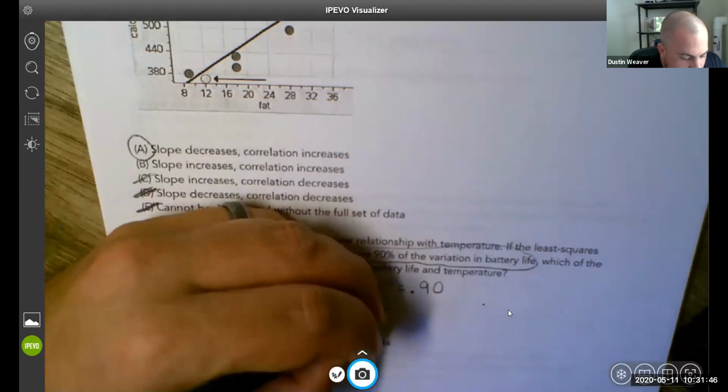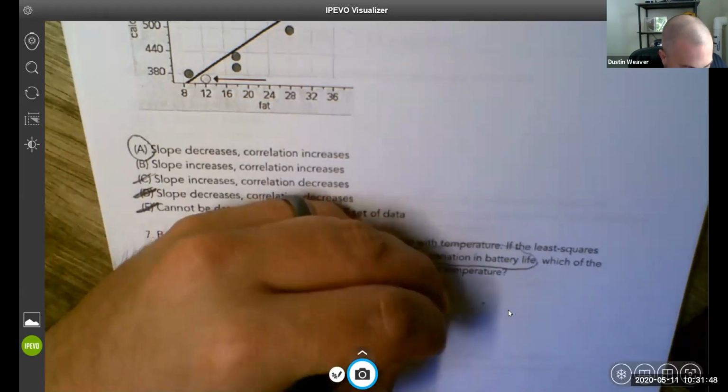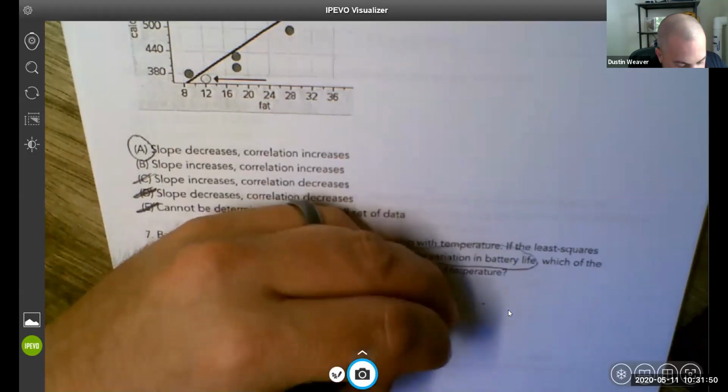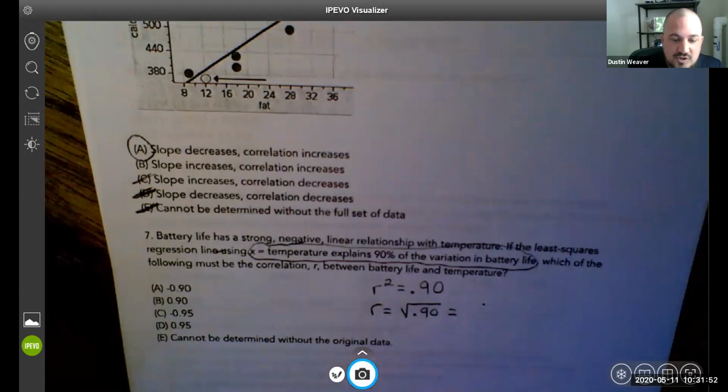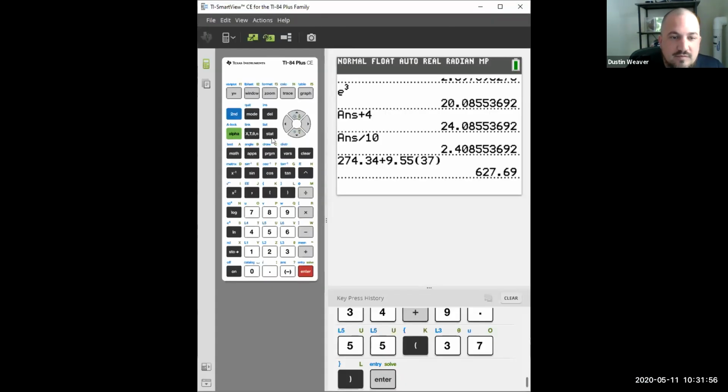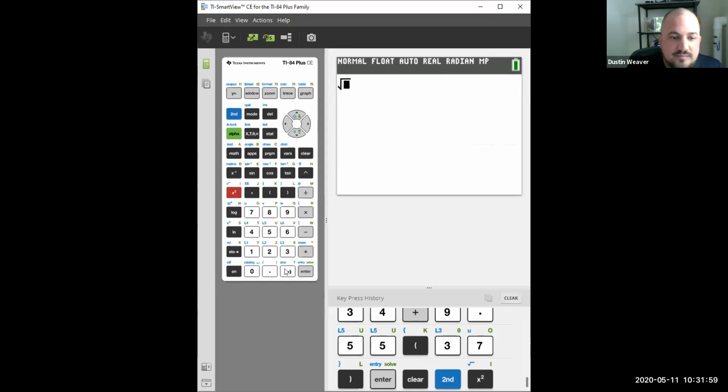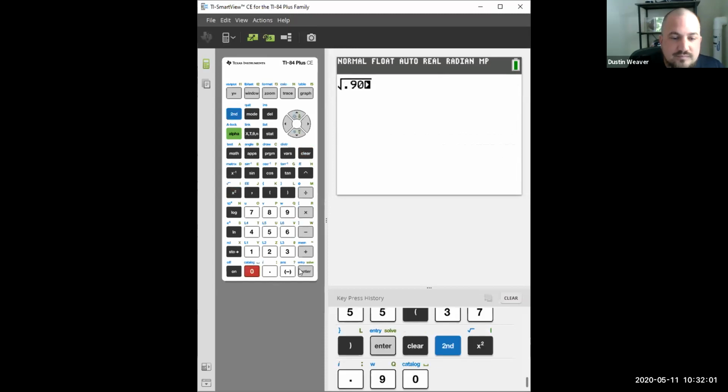So how would we get our R? Well, we would just take the square root of 0.90. That's how you get from R squared to R. And I get 0.948, which is going to give me 0.95. Now, we have to be careful here.